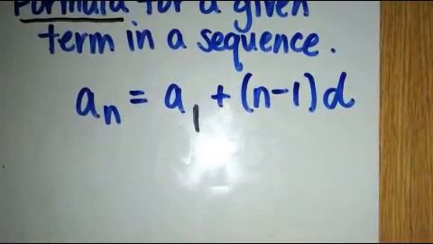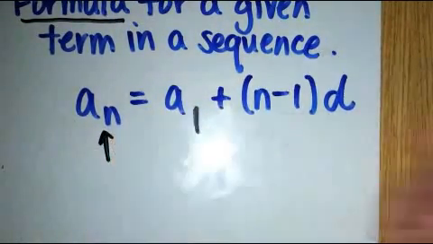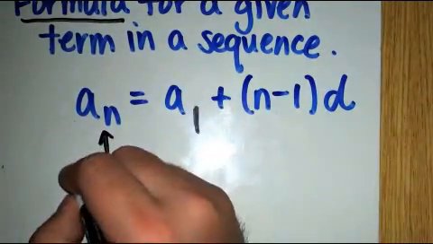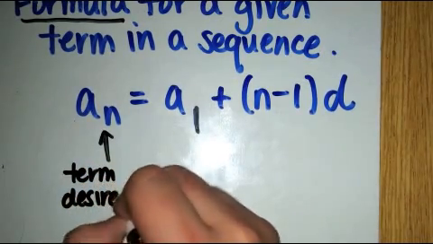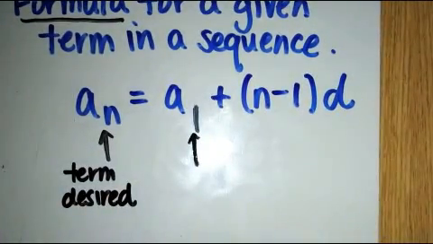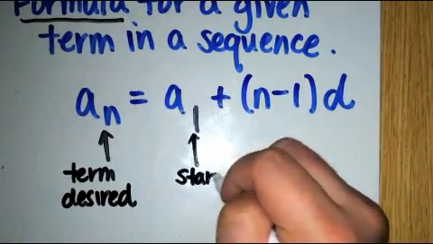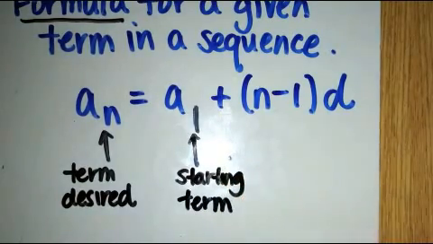Okay, now let me kind of dissect this a little bit here. This a sub n, remember this is the term that you want. So this is the term desired, so to speak. Okay. What did a sub 1 stand for again? Right, your starting term in the sequence. Okay.